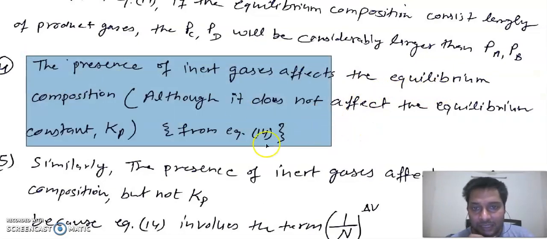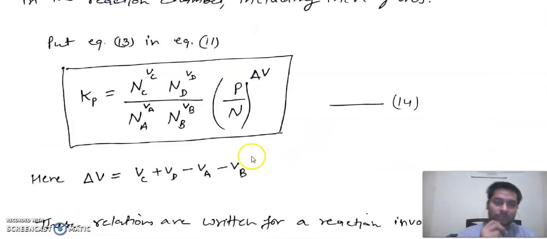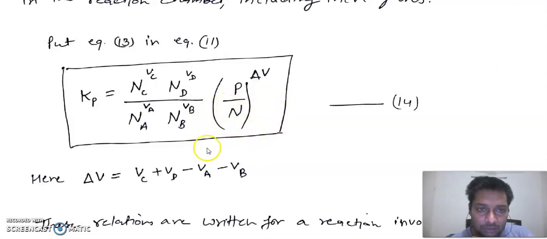If you see the expression of Kp, this one, here N is the total number of moles. The total number of moles also includes the number of moles of inert gases, but this Kp value is independent of the number of moles. If this quantity is increased, it will be balanced by other factors.